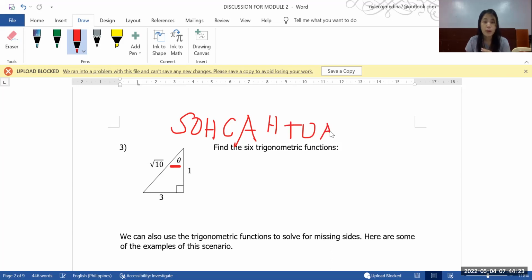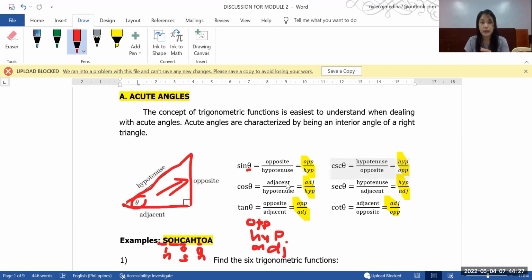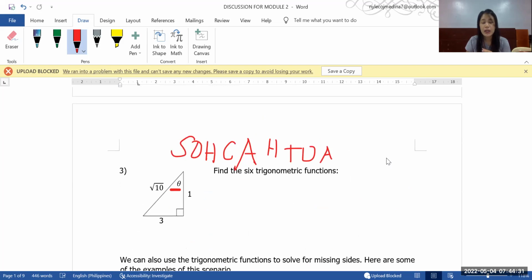Your SOHCAHTOA is just the short version of this. So instead of memorizing these, you can just remember SOHCAHTOA. So sine stands for opposite over hypotenuse. Cosine stands for adjacent over hypotenuse. Tangent stands for opposite over adjacent.